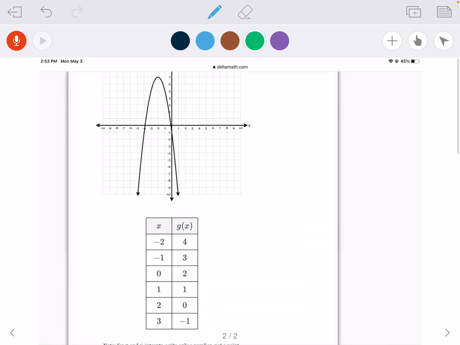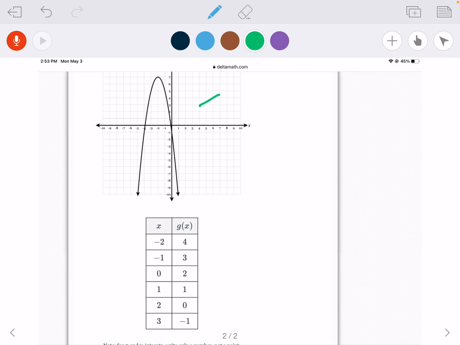Let's look at another one. I'm going to write down these table values so I can plug them in really quick. Let's do both: the y-intercept, and then also the end behavior. I'm comparing those.